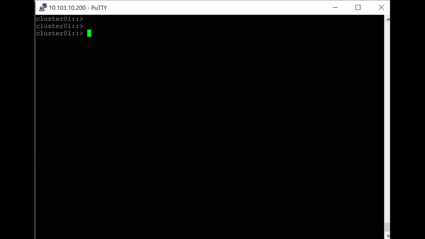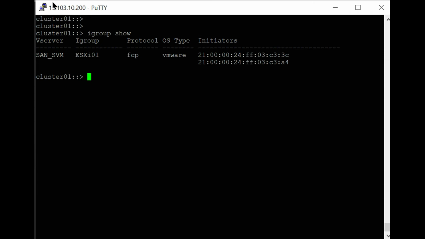If we also take a look at the igroup, what is the igroup? It's the initiator groups. On the SAN storage side, again, you need to allow the initiator servers to access LUNs.